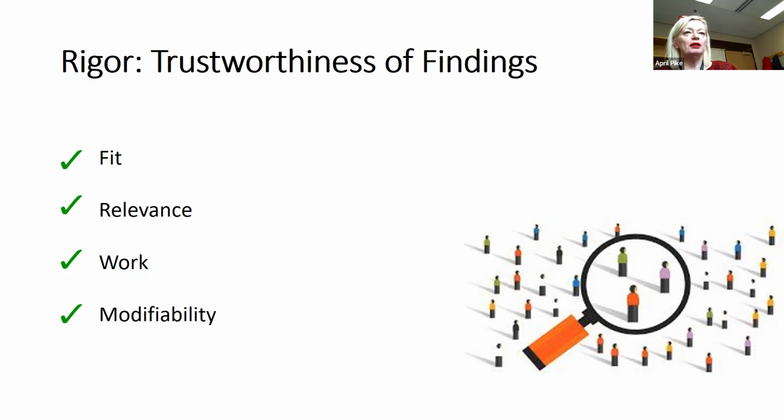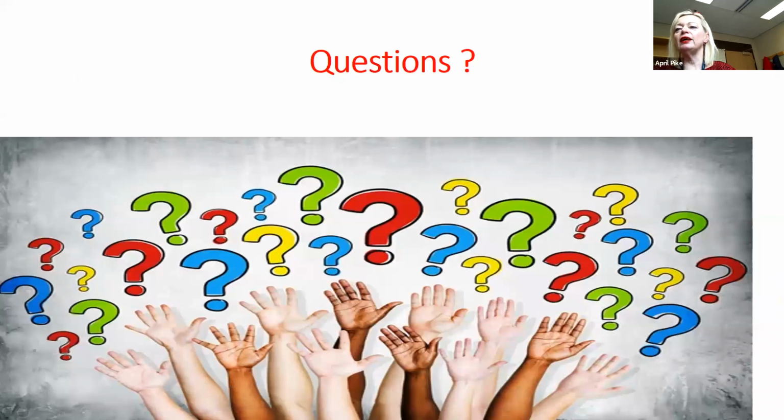And modifiability: does it capture the range of people's experiences? Does it hold up? And that's where the negative cases I talked about before come in: does it explain the outlier case and hold up true? So that's just a brief synopsis of grounded theory. And I'm just going to open up to some questions about the research process or about my research in general.